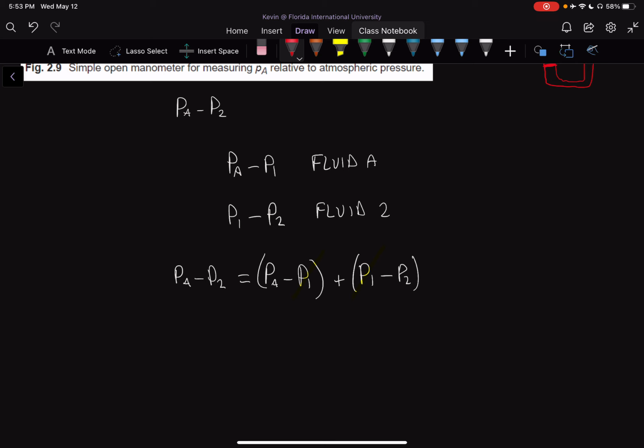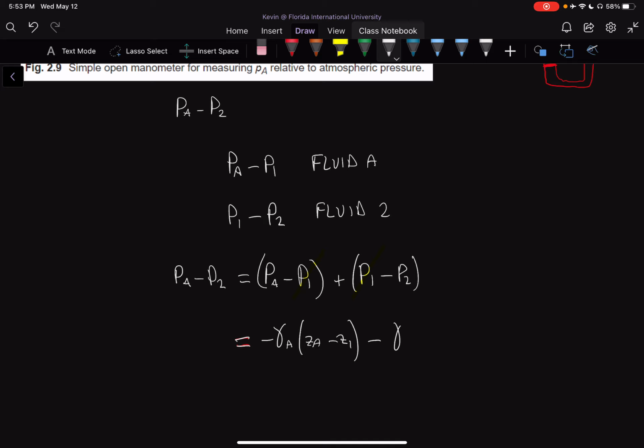So now what we can say, instead of canceling out the P1s and then being left with PA minus P2, is that PA minus P2 is equal to minus gamma A, that's fluid A, times ZA minus Z1, minus gamma 2 times Z1 minus Z2.